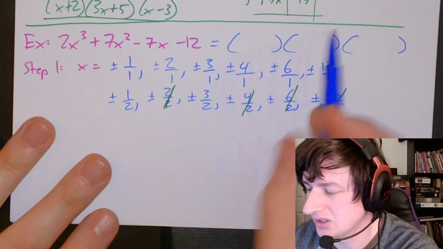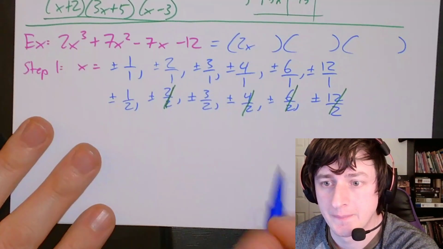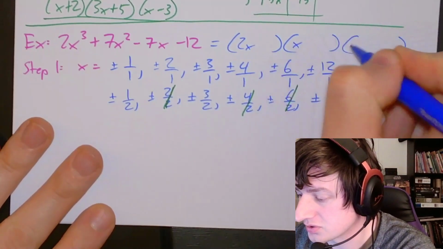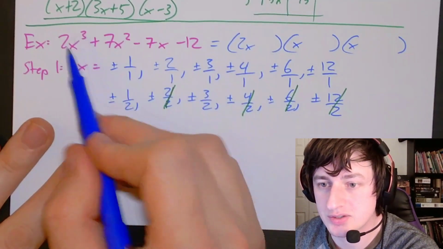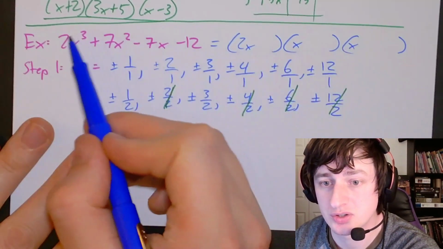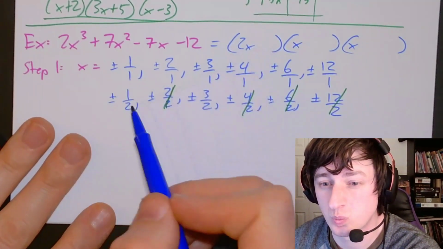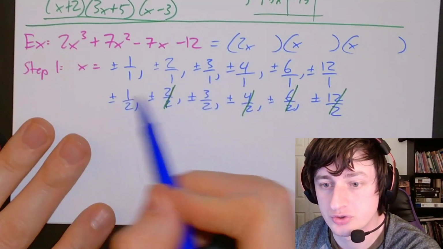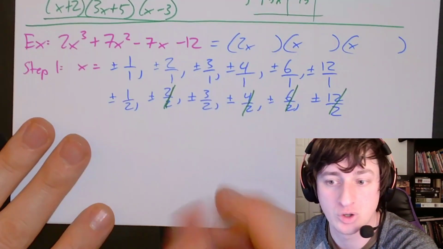One of these has to be like a 2x plus or minus something, because the rest of these are just going to be x's. To get this 2x cubed, we have to multiply a 2x times an x times an x, which means one of these is going to be 2x plus 1 or 2x plus 3. Don't know which.